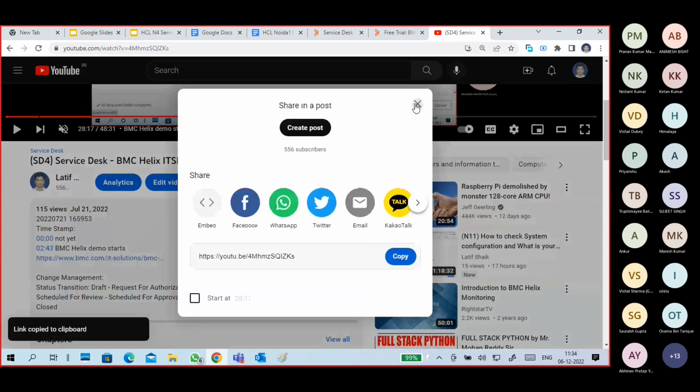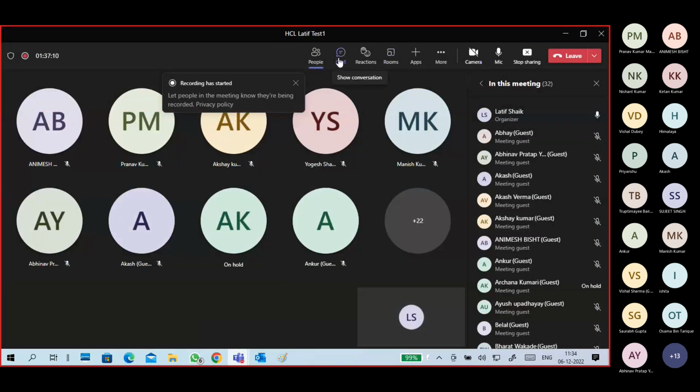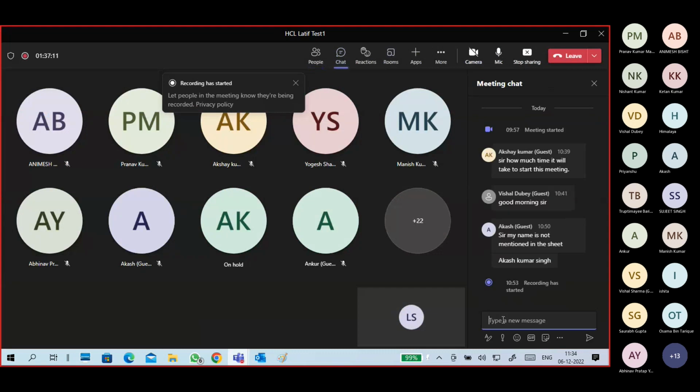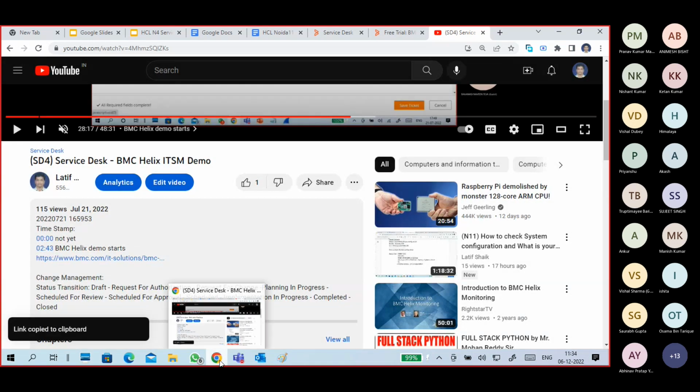Okay, sir. Currently, I didn't open your WhatsApp. I will open WhatsApp. Meanwhile, I'll share this link directly to you through the chat box. You can copy paste it somewhere. What happened? Copied, right?